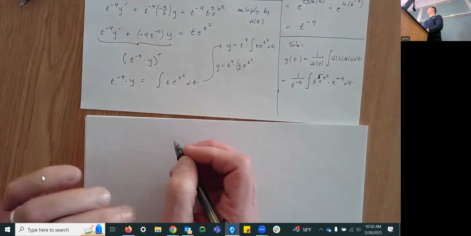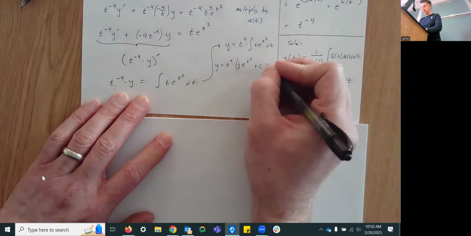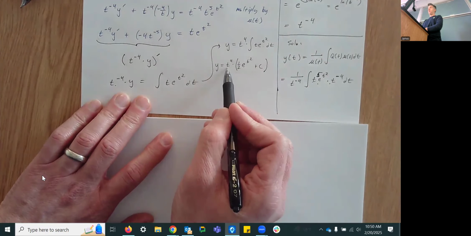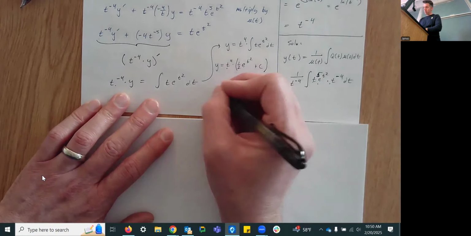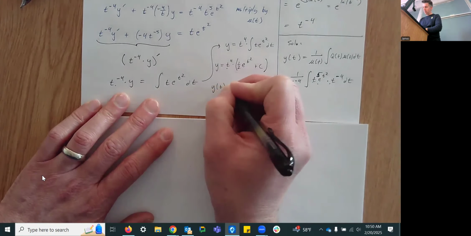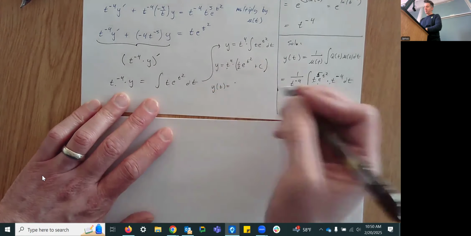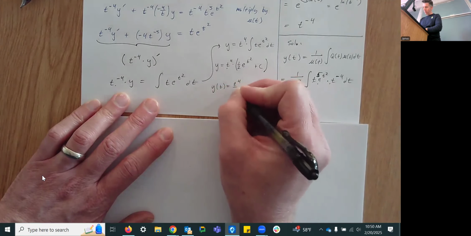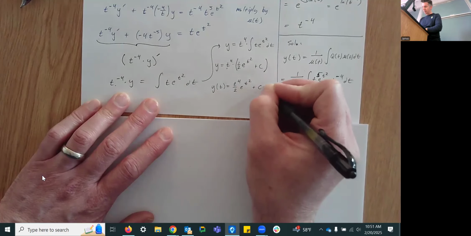And then it's super duper extra important that the plus c is in the parentheses that are getting multiplied by the 1 over mu of t out front here. So our solution here is that y of t is equal to, I'm going to distribute all of it, t to the fourth over 2 times e to the t squared plus c times t to the fourth.